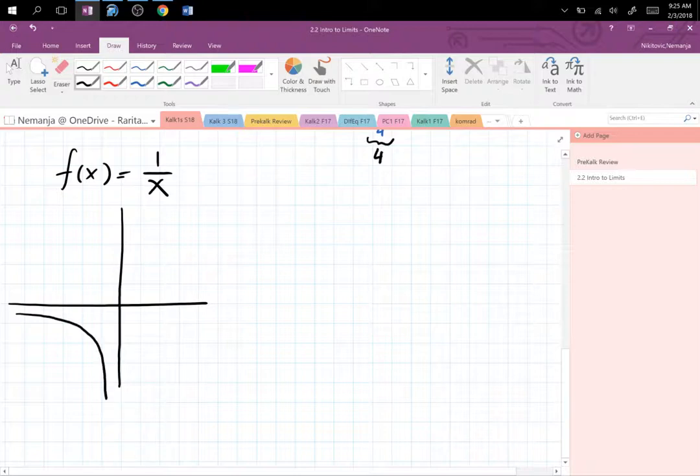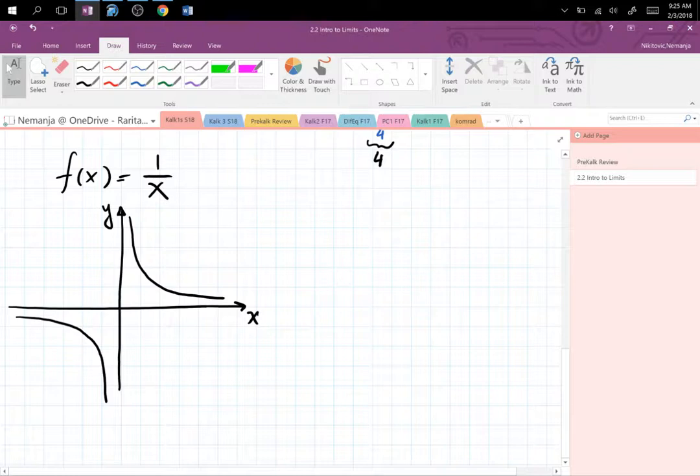Again, from Precalculus, you memorized the shape, which looks this way. And what we want to examine here is the limit of 1 over x as x goes to 0. So that's what you want to examine.